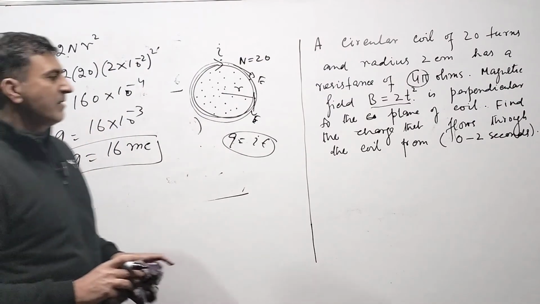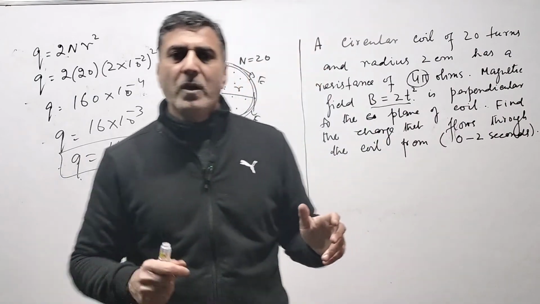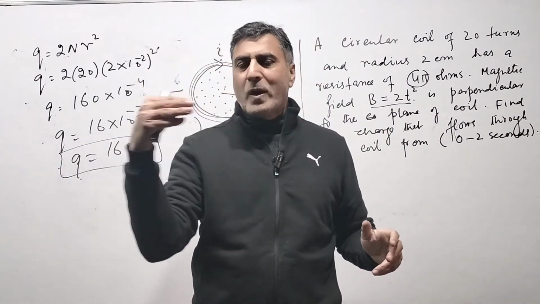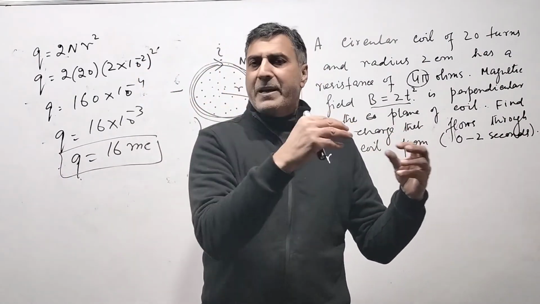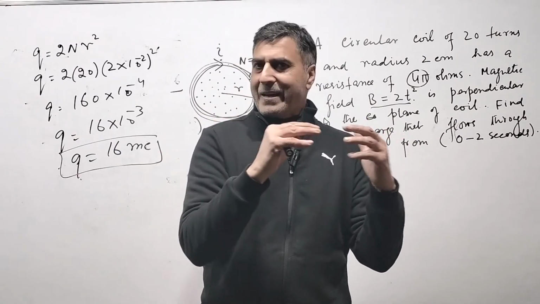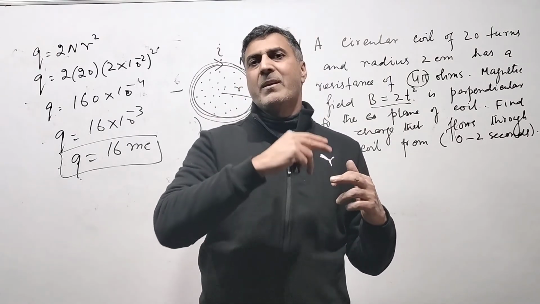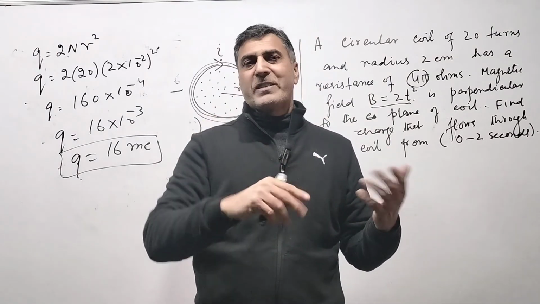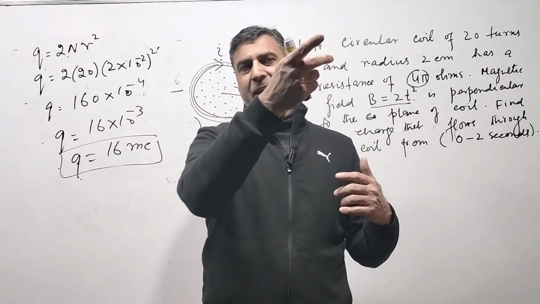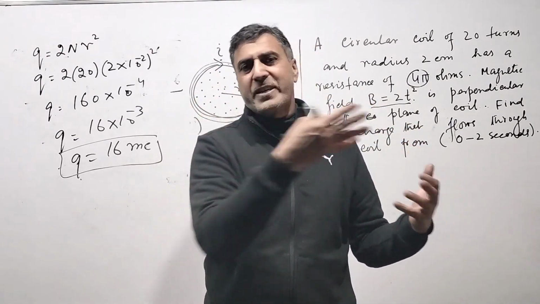That's all. So what was the basic concept? You have a coil and through the coil there is a magnetic field. That magnetic field changes in time. That means through the coil there is a change in magnetic flux. That means there will be an induced EMF in the coil, or you can alternately say there is a tangential electric field, and when you integrate that electric field over a closed path, that makes the induced EMF.